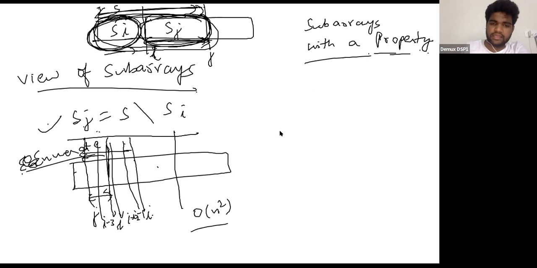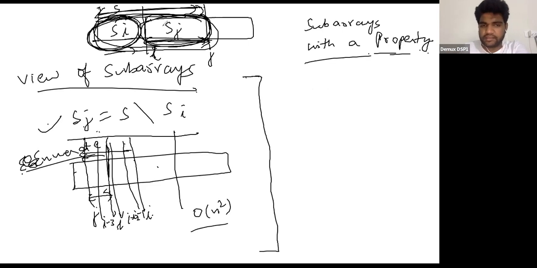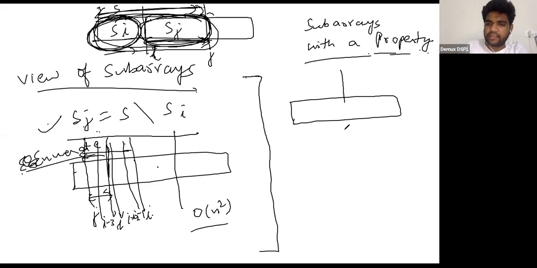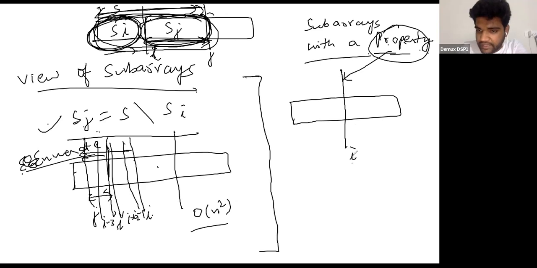So in this kind of question, the benefit that you get by viewing this subarray as this minus this is that when you are at a given i, and you want to check for that property for all subarrays ending at i, that search becomes easier.